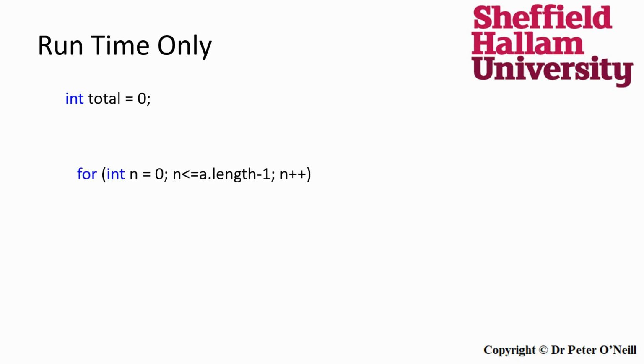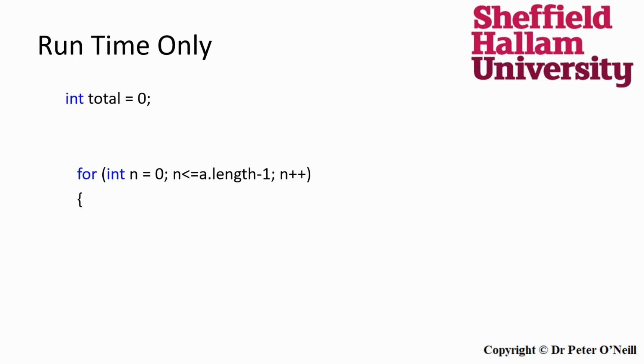For n equals 0, n less than or equal to a dot length minus 1. So we're counting how many elements are in the array, and then we're minusing it by 1 to get the last element. And we're going to start at the 0 element and work our way through to the last element.